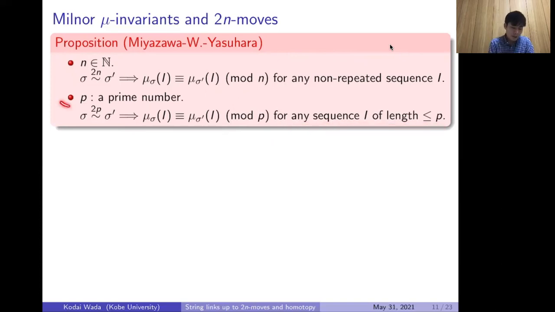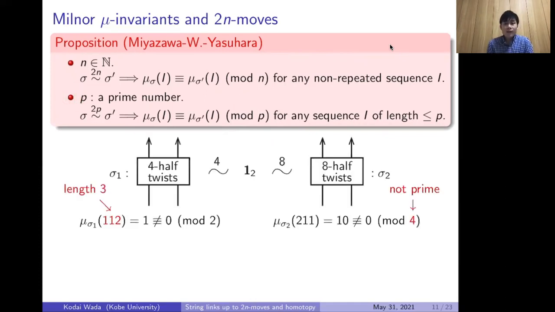For the second assertion, we have two remarks. One is that the restriction on the length of sequences must be necessary. For example, let sigma 1 be this two-component string link.